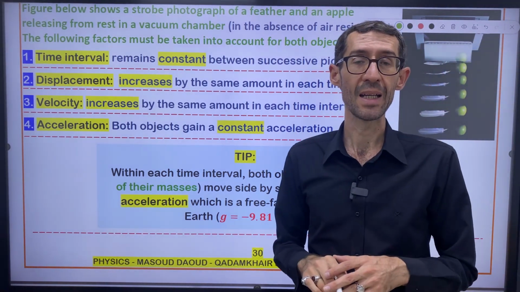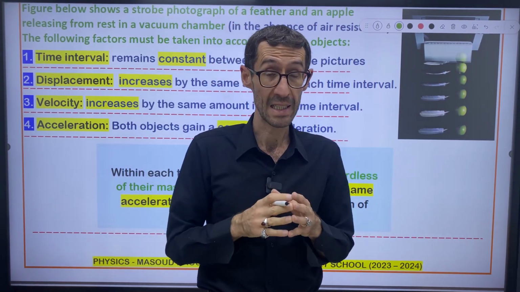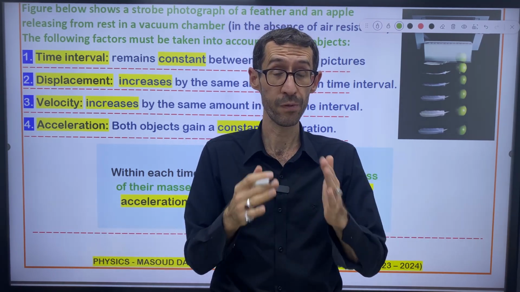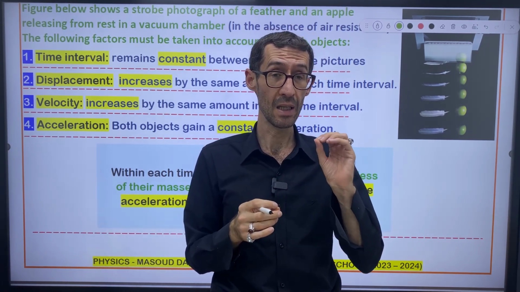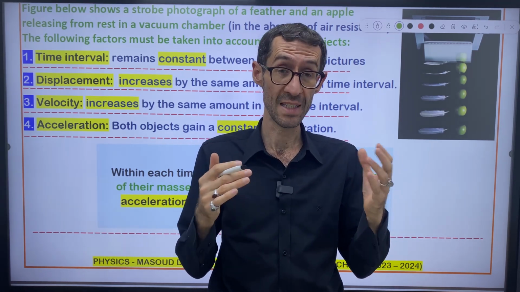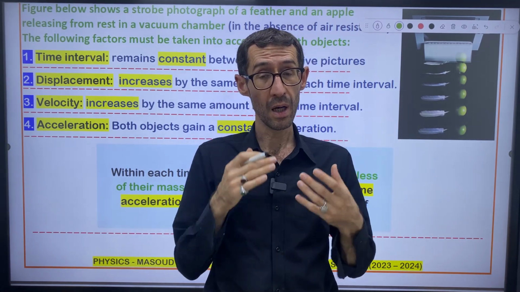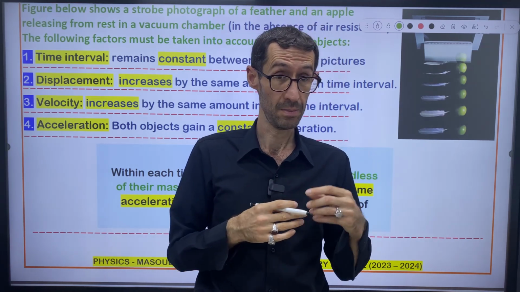So keep in mind that free fall acceleration is constant for any planet. For example, for Earth, free fall acceleration is denoted with g and is equal to negative 9.81 meters per second squared. For other planets, free fall acceleration is different.